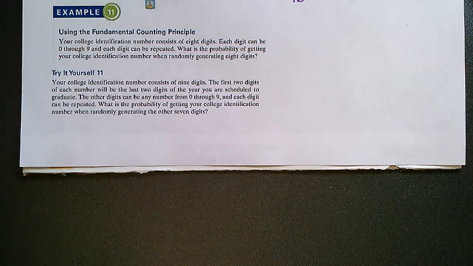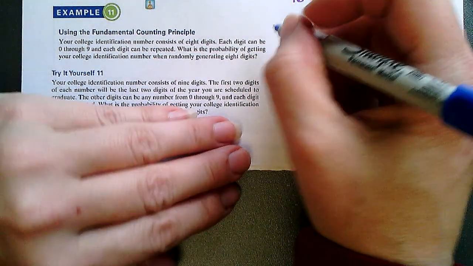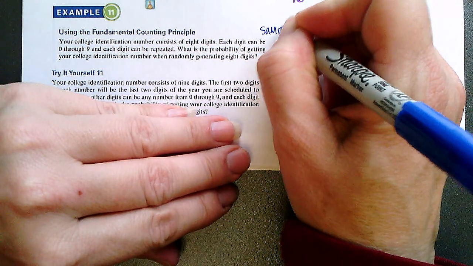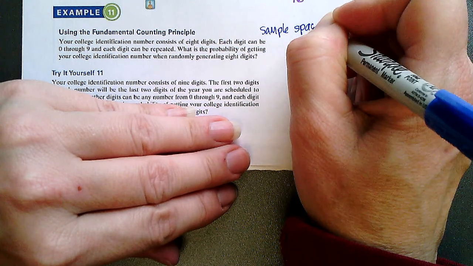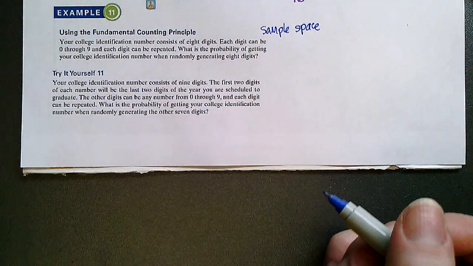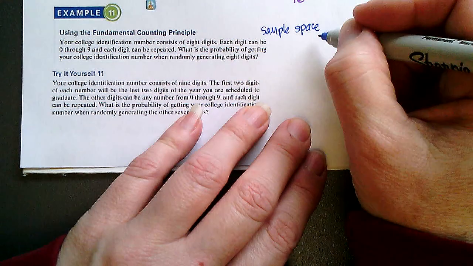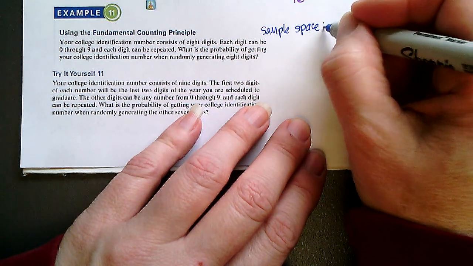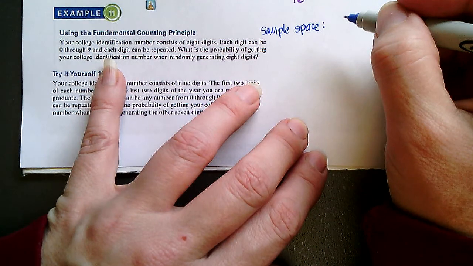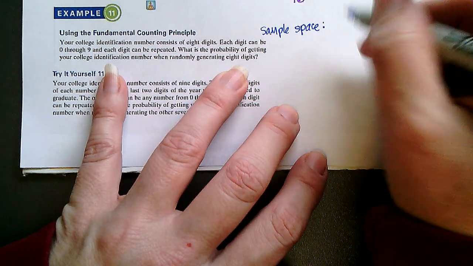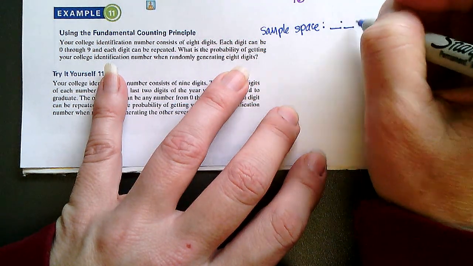So the first thing we want to know is how many are in the sample space. So the sample space is going to consist of all of the possible ID numbers that I can create. I'm going to have to figure that out using the fundamental counting principle. There are 8 digits.